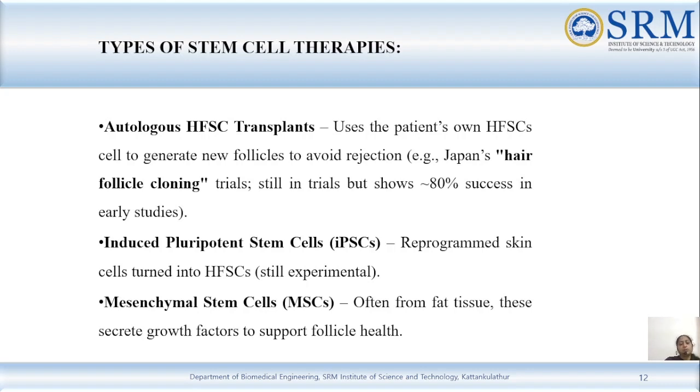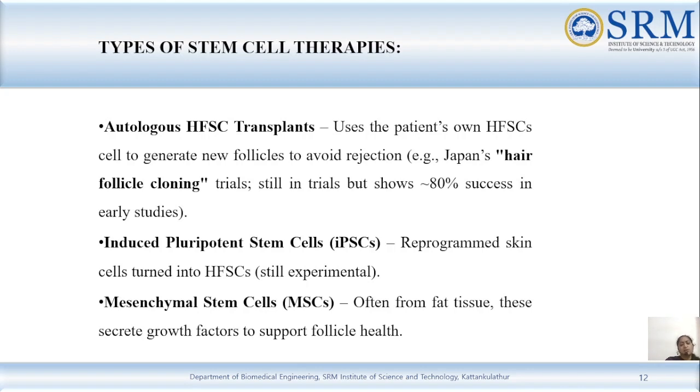You have induced pluripotent stem cells. These are reprogrammed skin cells which have turned into hair follicle stem cells. These are cells that are abundant in adults. So what they would do is extract these cells, and as I told you, you can add some growth factors and give certain specific conditions, and you can program these cells into hair follicle stem cells.